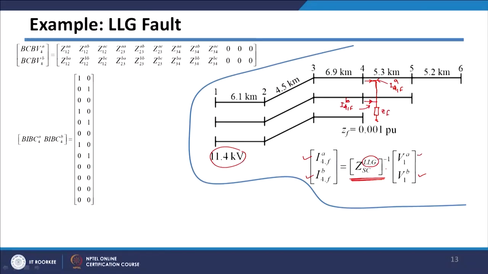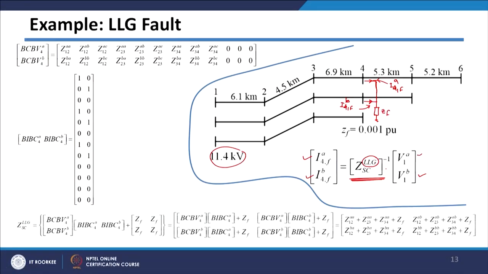Let us see how we can get this matrix. We have already derived the matrix for your LLG fault, which is given by this expression here, and if you explicitly multiply these 2 rows, we will get these matrices here, and from this particular multiplication you will get these terms.